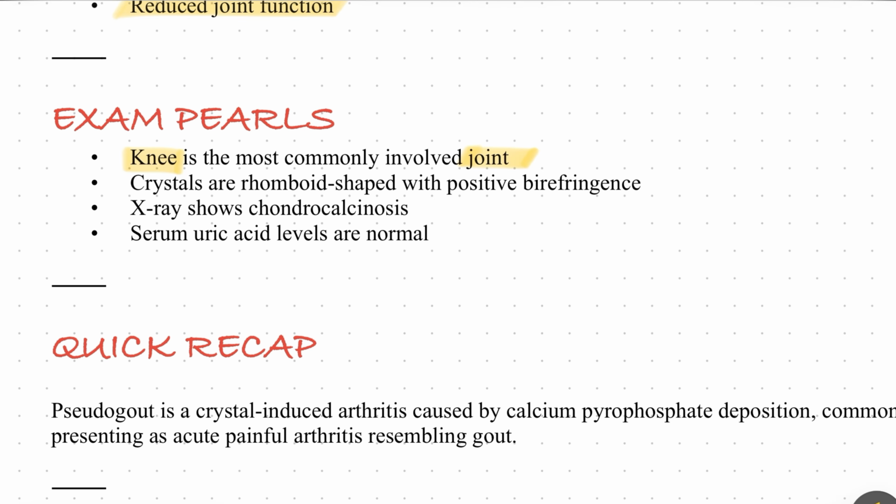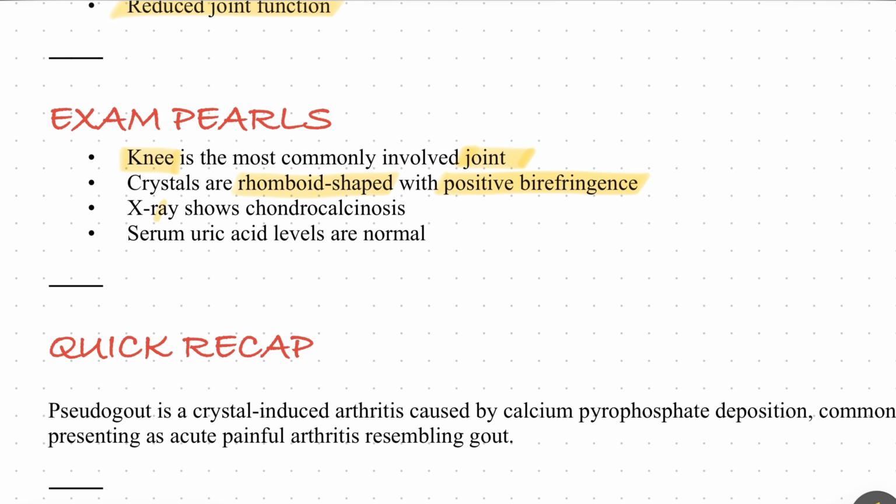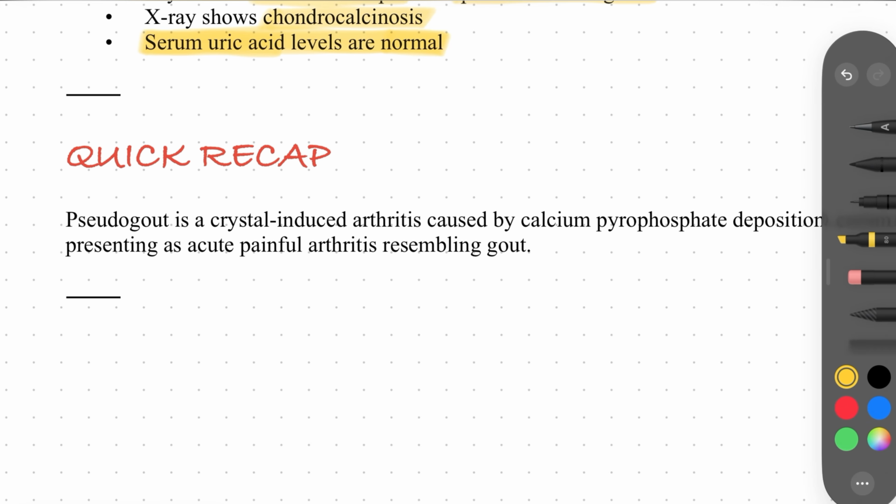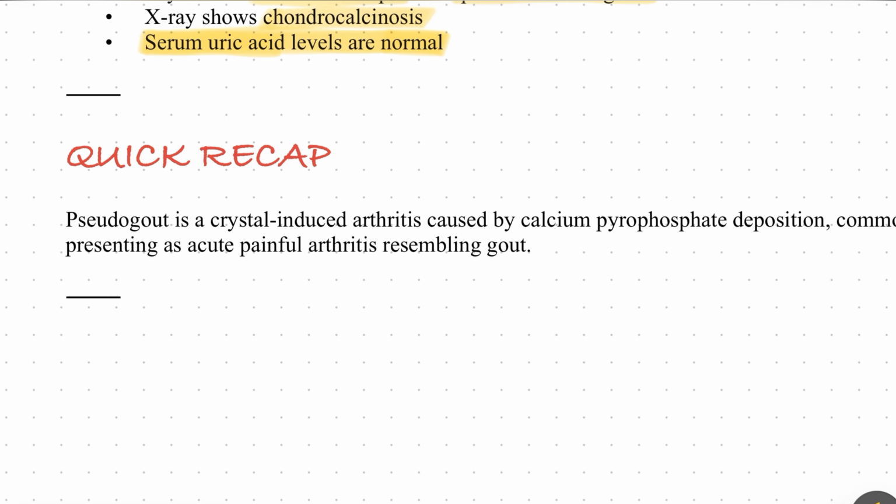You need to remember the crystal shape: rhomboid shaped. What is the difference? Positive birefringence. X-ray shows chondrocalcinosis. Serum uric acid levels are normal. I added this point so that you don't confuse it with gout. Yes, there is one condition where serum uric acid levels won't be altered in gout. You can answer that in the comment section.